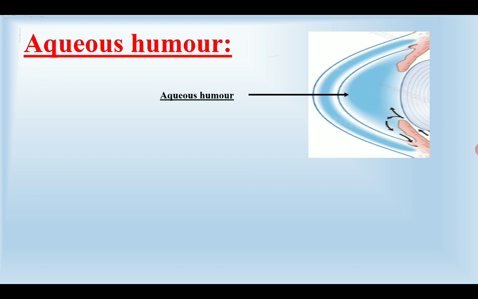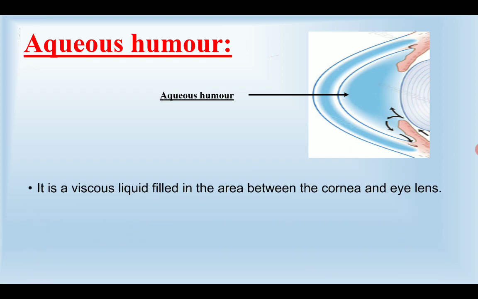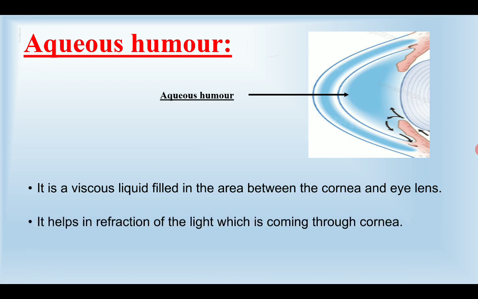We shed tears because of this aqueous humor. The dryness of eyes is removed because of this aqueous humor. So basically, this watery liquid, which is mostly water, has proteins and vitamins. It is a viscous fluid filled in the area between the cornea and the eye lens.